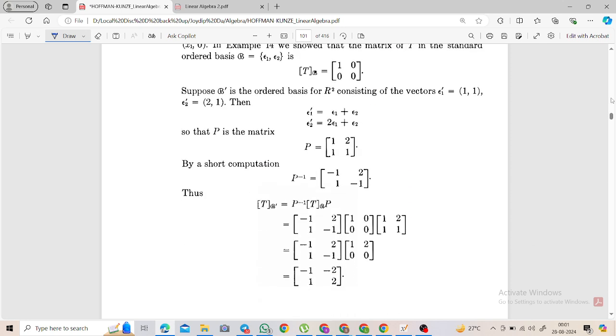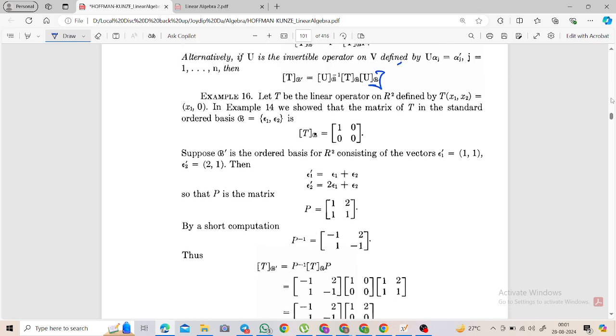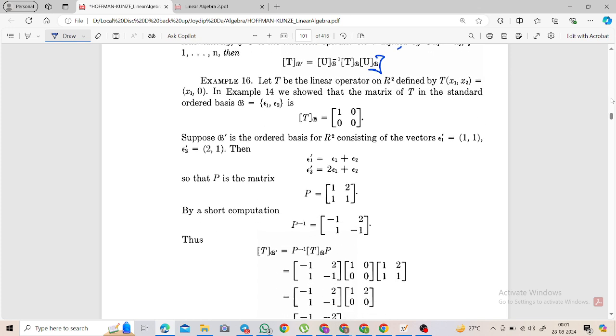Okay, so here are some examples where they are considering, first of all, T of x1, x2, the projection map, and the matrix with respect to the basis (1,0), (0,1) is [[1,0],[0,0]]. Now beta prime is another ordered basis of R2, it's (1,1), (2,1).